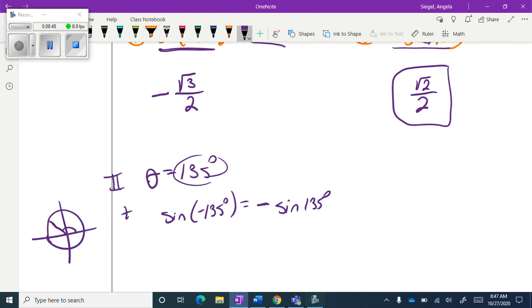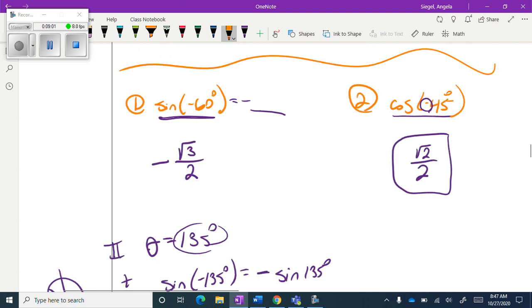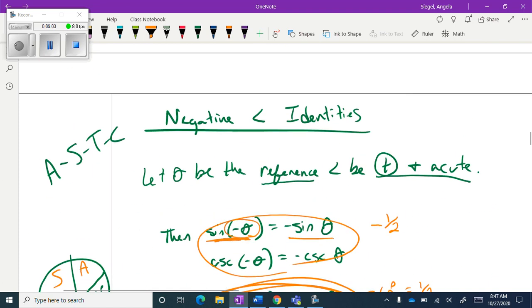So we have the sine of 135. That is going to be the square root of 2 over 2. That's positive. But then negative 135 is going to be down here, and that's going to be negative. So it also works for angles other than these acute and positive angles that we talked about.